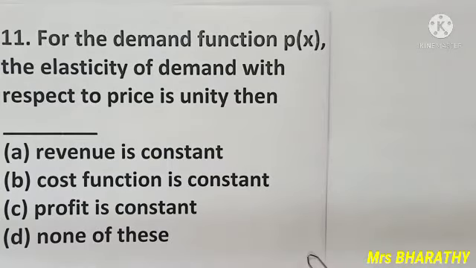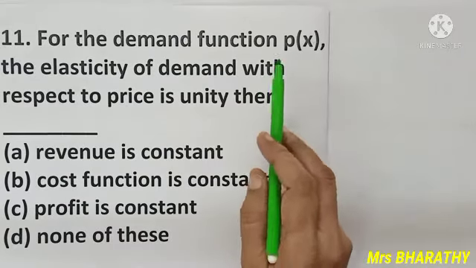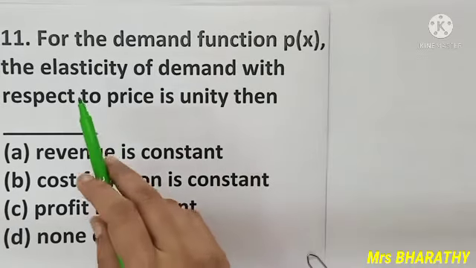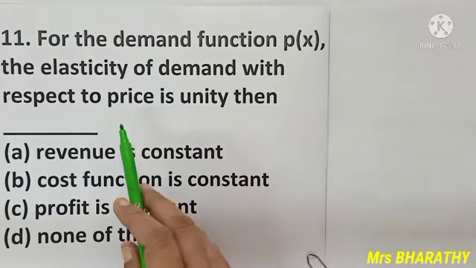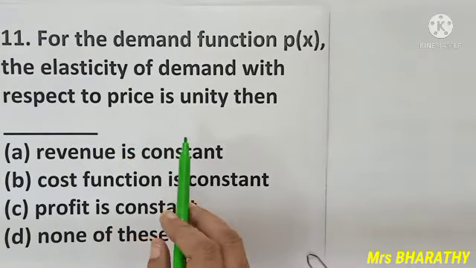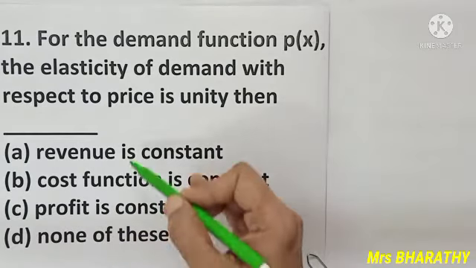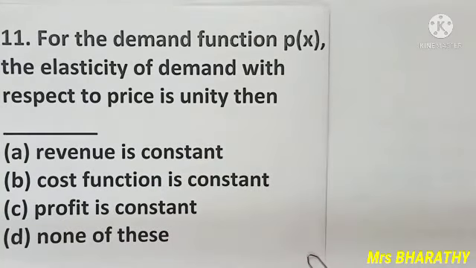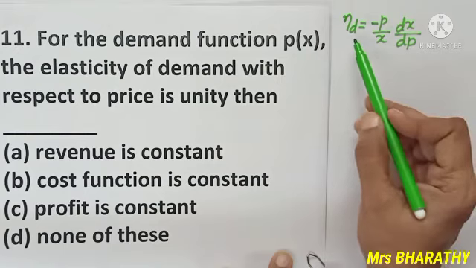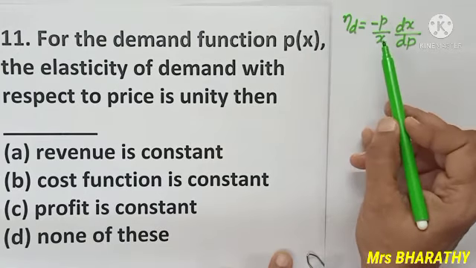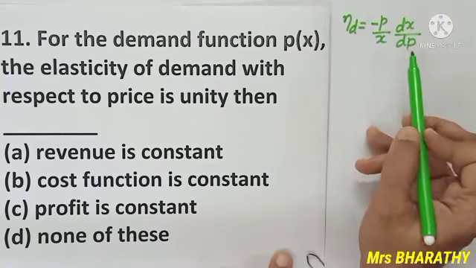Question number 11. For the demand function P of x, the elasticity of demand with respect to price is unity. Then which of the conditions is true? We recall the formula for elasticity of demand. Eta d equals minus p by x dx by dp.